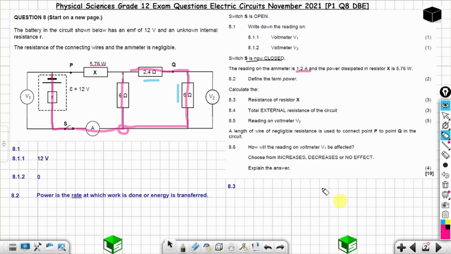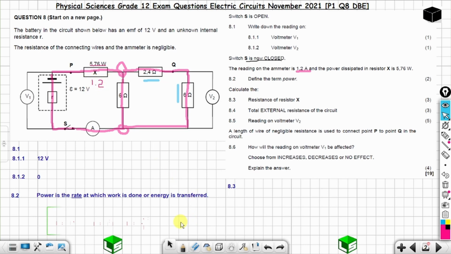The current will join at this node, and now you have the total current again. So you have 1.2 amperes flowing through resistor X.